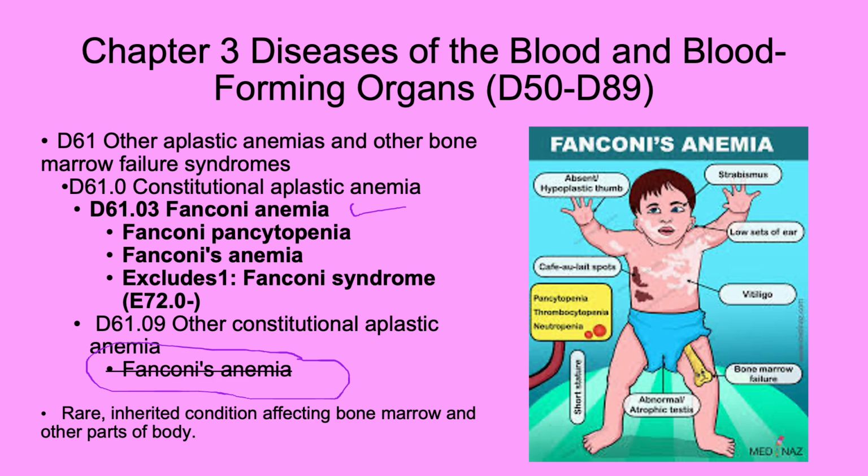It's a rare inherited condition affecting bone marrow and other parts of the body. And here, which is kind of a weird picture, is what's included. So hypoplastic thumb, cafe au lait spots, low set ears, vitiligo, certain conditions.